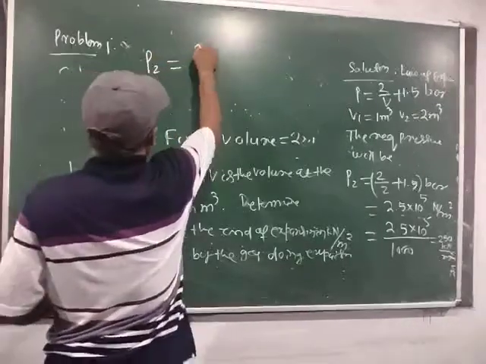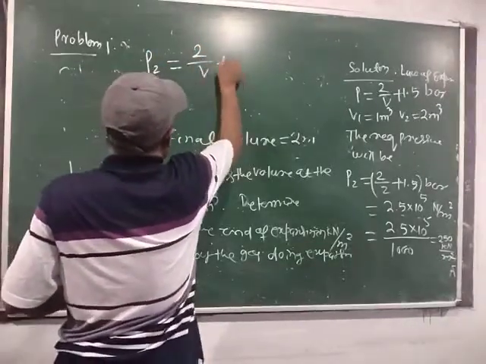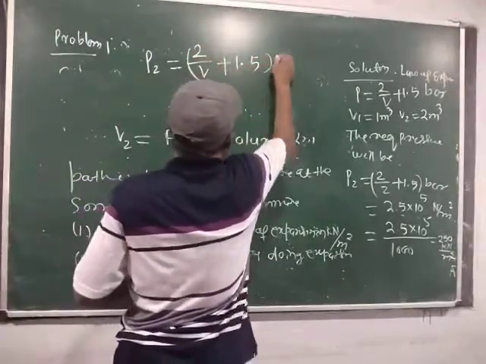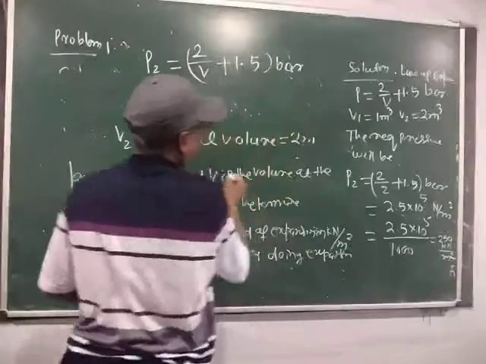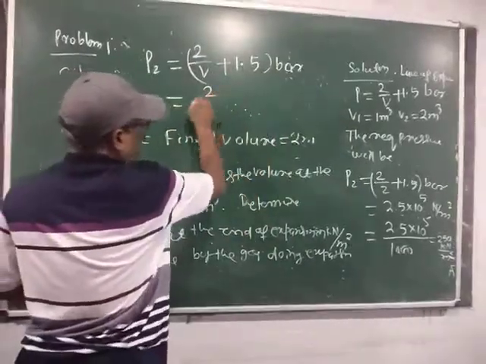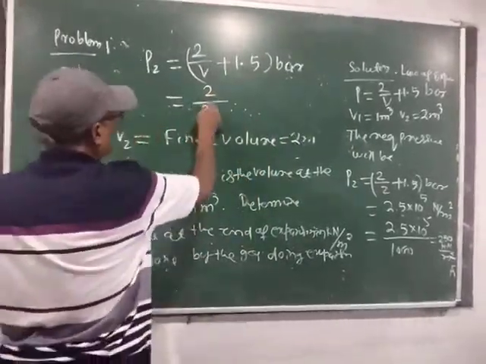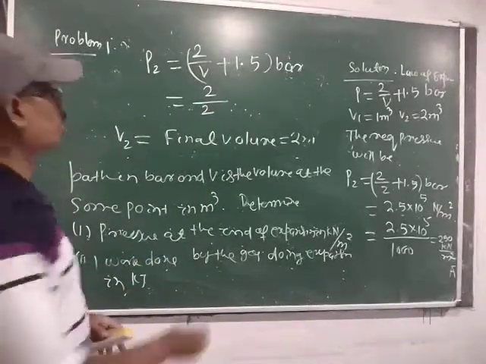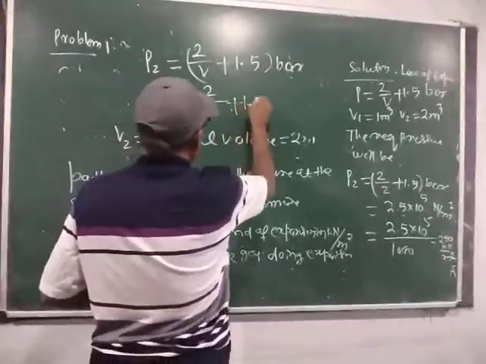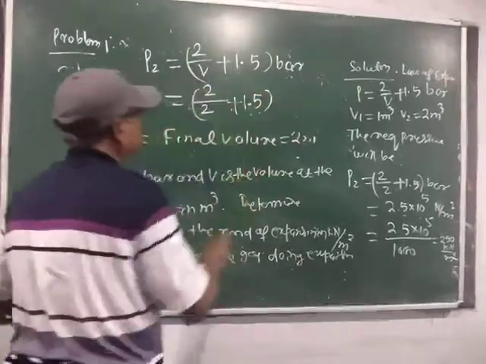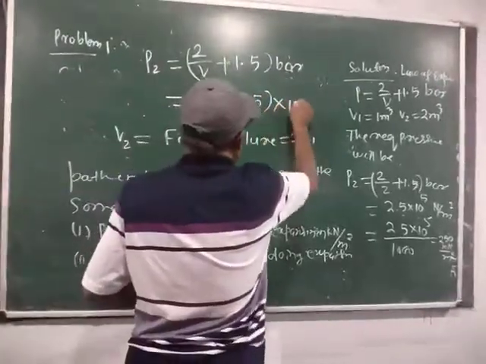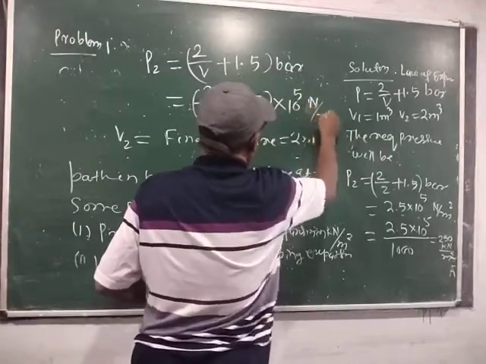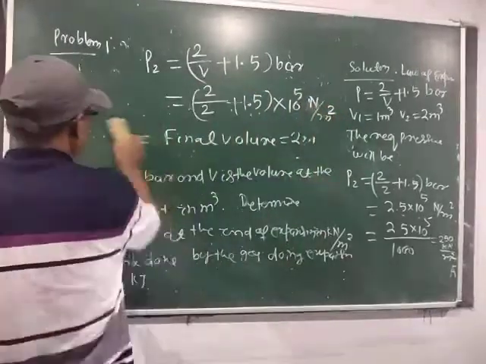P2 is equal to 2 by V plus 1.5 bar, or 2 by 2, because the final volume V2 is equal to 2, plus 1.5, into 10 to the power 5 Newton per meter square.